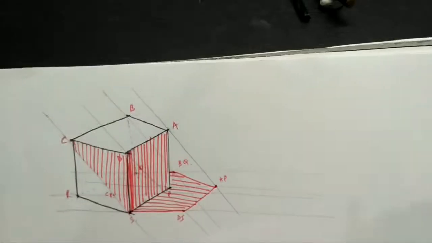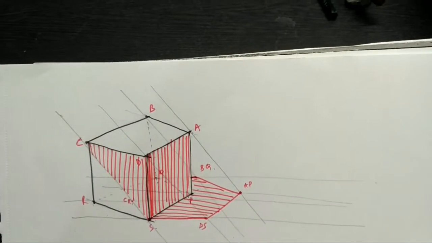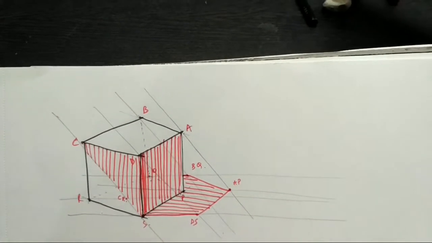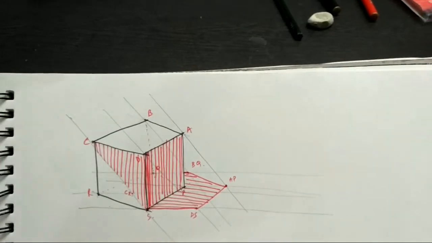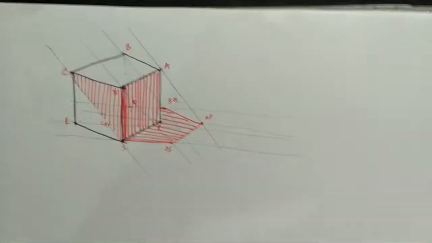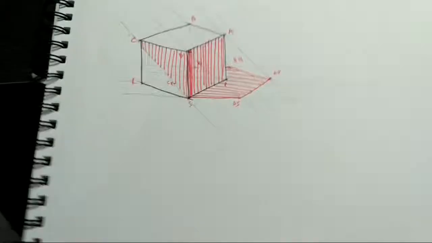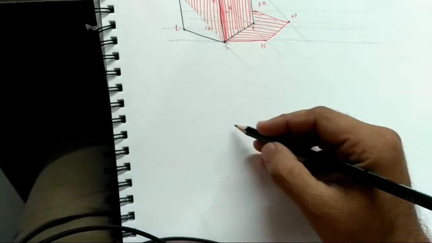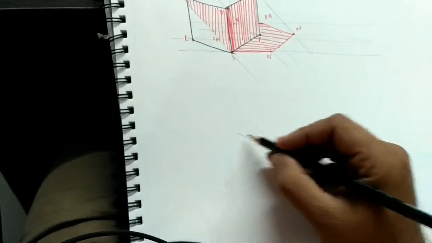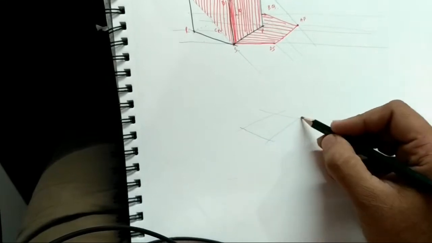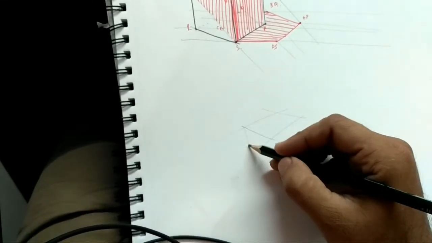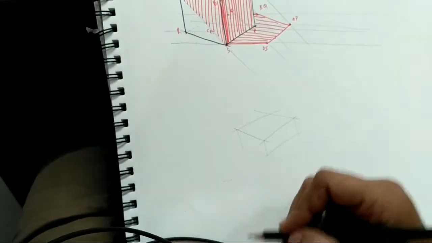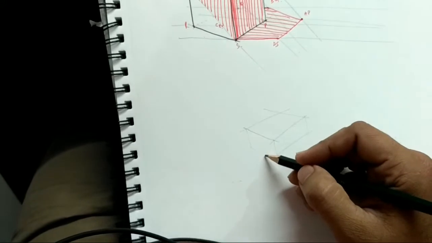Now when this is just a simple object, and when we go for a complicated object, for example, we have a question like a prism over a cylinder. Let me just draw a very small example of it. Now we have a cylinder.